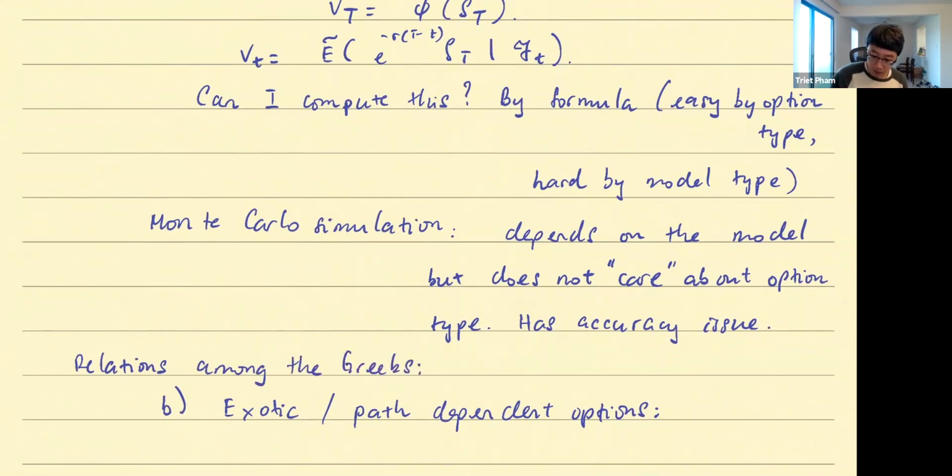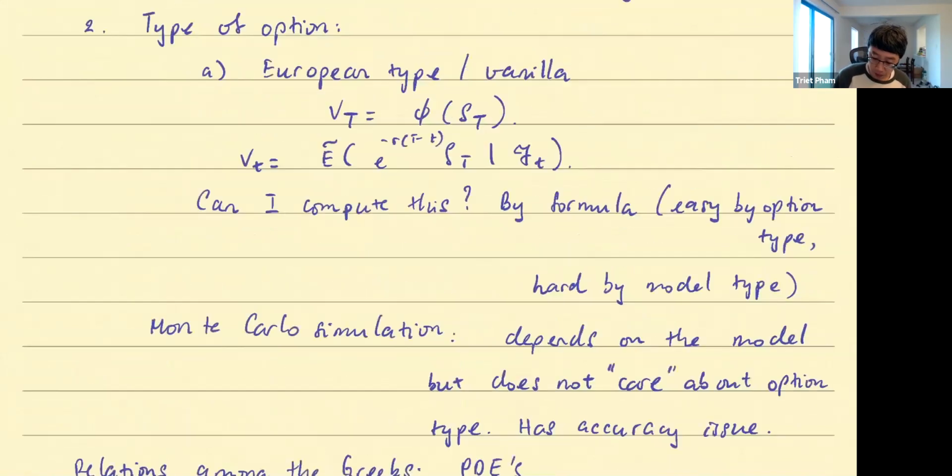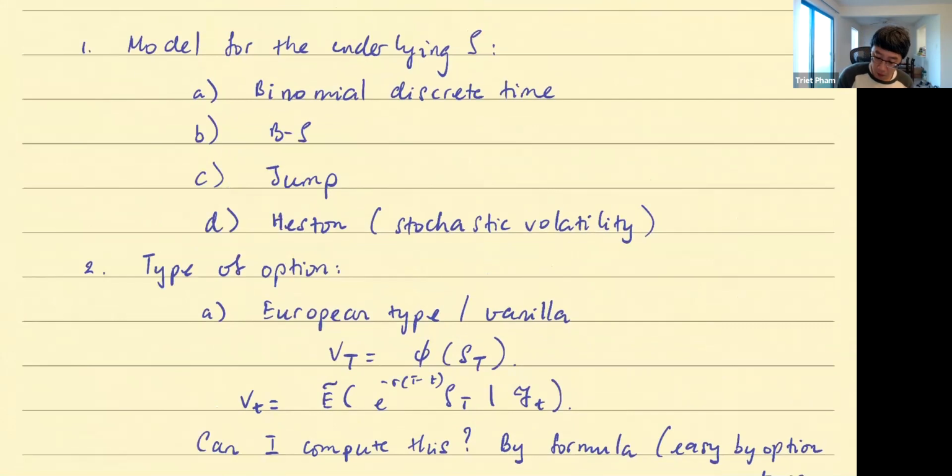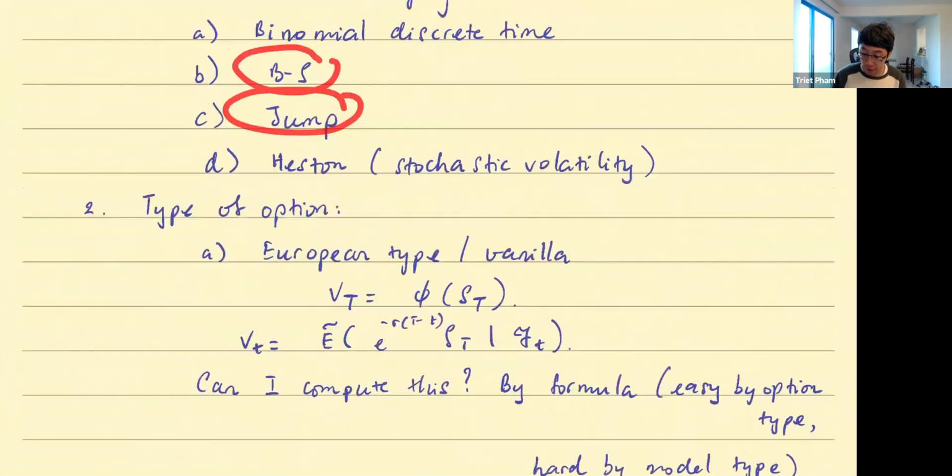Here we talk about the relation about the Greeks, which is basically a PDE, because the PDE is the differential equation that relates all the partials, all the Greeks. But of course, if you have a discrete time model, then there's no PDE. So this only applies to continuous time models. But with different continuous time models, you can see that we have different PDEs.